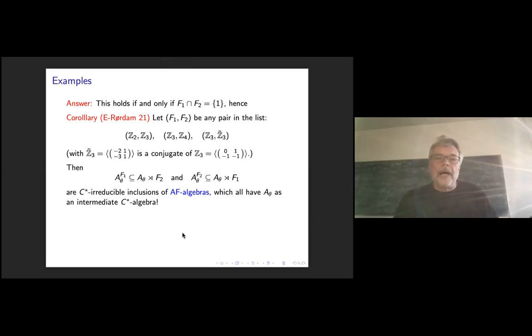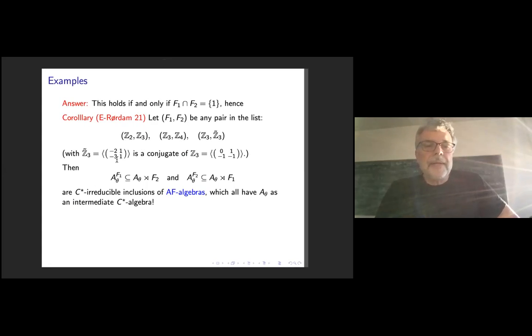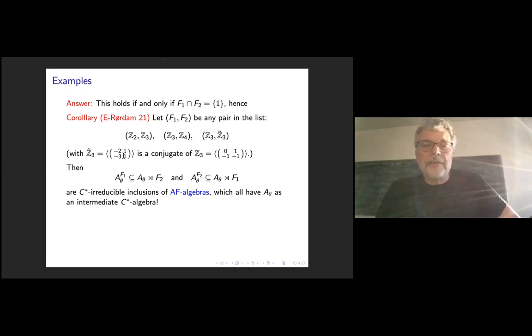And the answer by our theorem is that this holds if and only if the intersection of these two groups is trivial, because it is easy to see that this is equivalent to condition C in the theorem. And so we get the following corollary. If F1, F2 is any of the pairs in the list Z2, Z3, Z4, and here I say Z3 with Z3 tilde, where Z3 tilde is a conjugate of Z3.